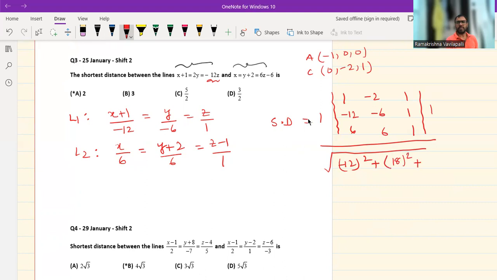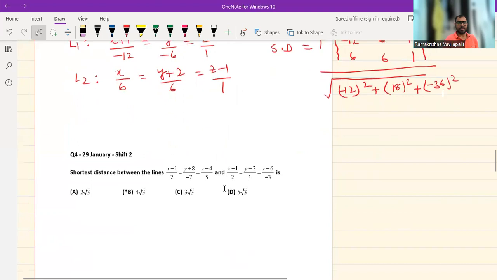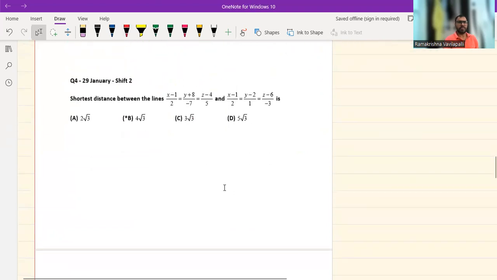So plus, this is minus 72 plus 36, so minus 36 whole square. We just simplify this. Similarly, there is another question, so I'm not solving this question. Asked in January 2023. Similar question. Please try to solve it.